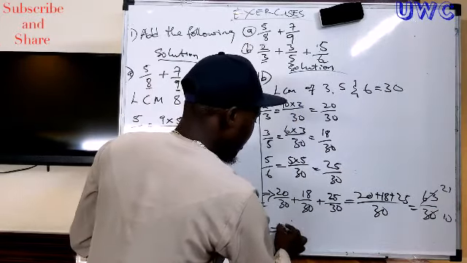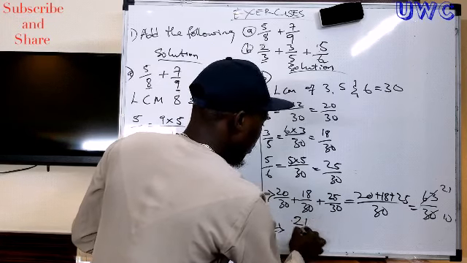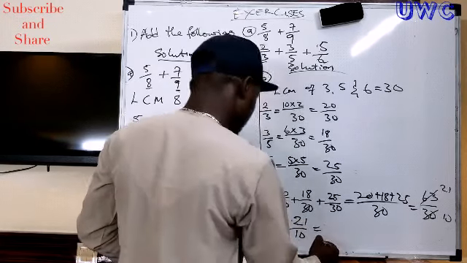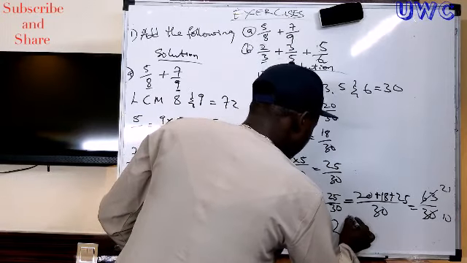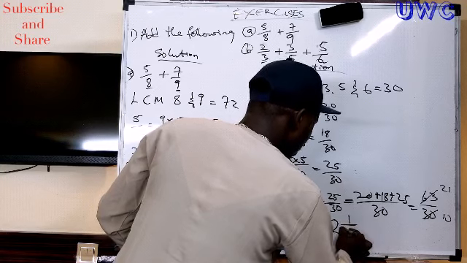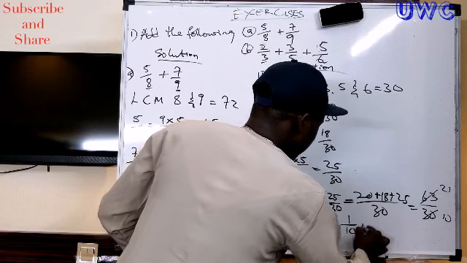This implies 21 over 10. 21 divided by 10 will give us 2, remainder 1. Therefore, 2 whole number, 1 over 10 is our answer.